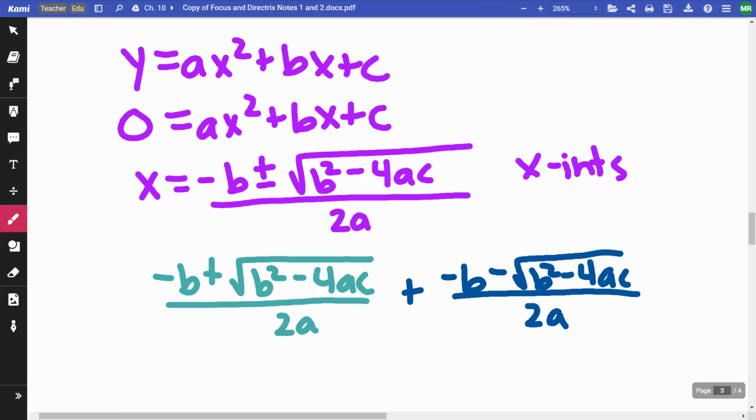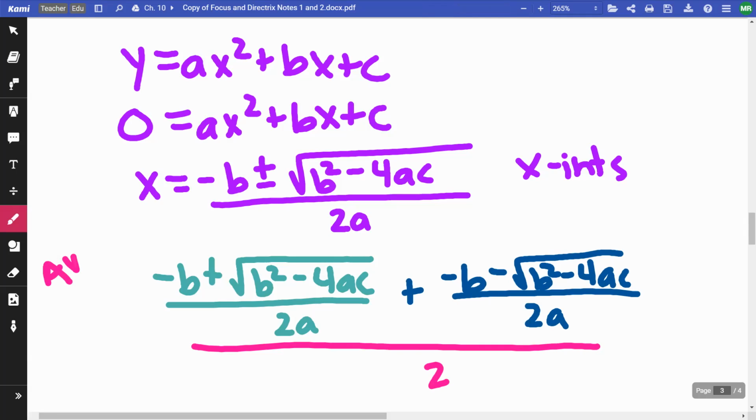That's me adding up my two x-intercepts. To average them, I add them up and then I divide by 2 because I'm averaging x-intercepts. Okay, and I get that.